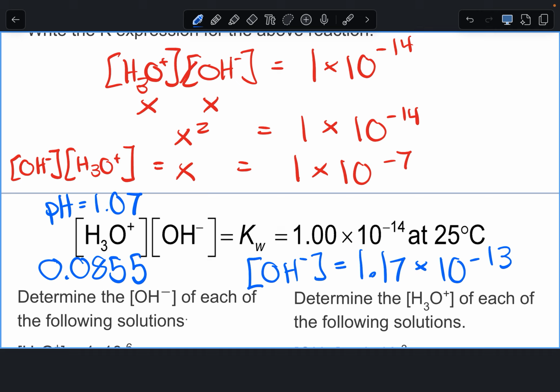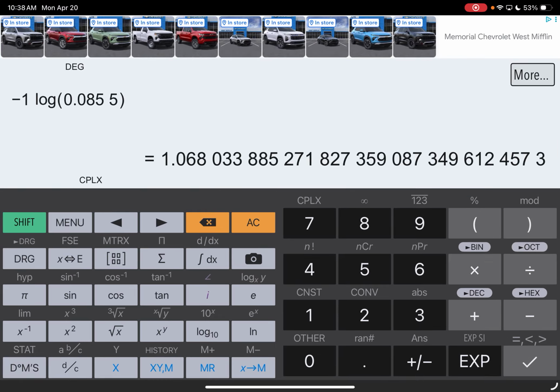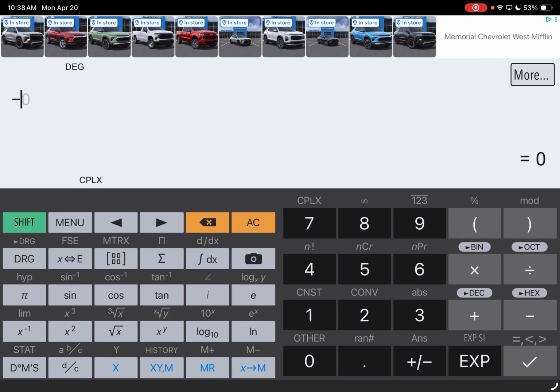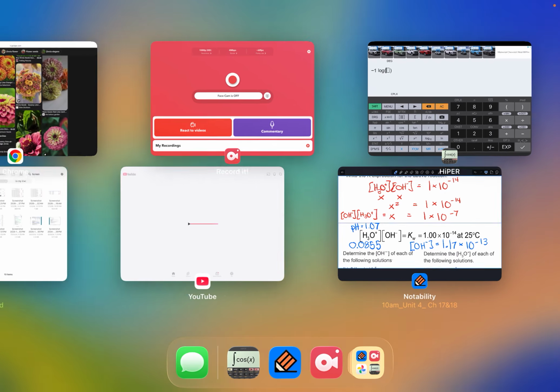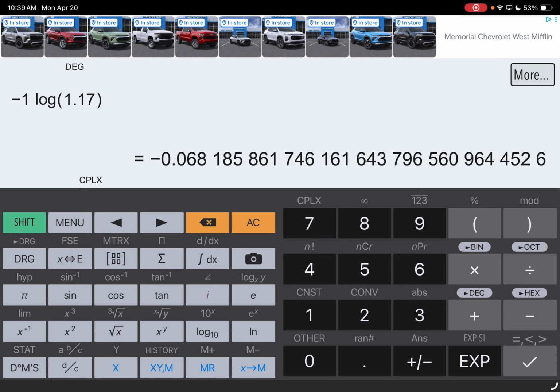We have the OH minus. Let's take the negative log of the OH minus and determine the pOH. So I'm going to do the same thing, but now for the OH minus. So negative log of, what was it? 1.17 times 10 to the negative 13th.